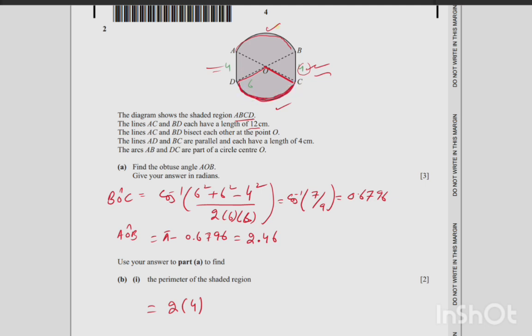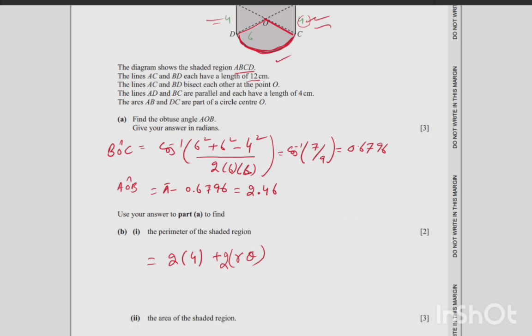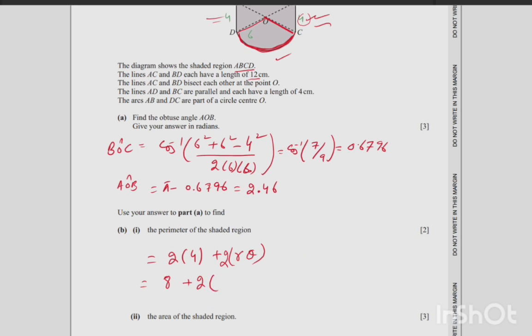What's the arc length formula in Add Maths? The arc length formula is r theta, and there are two arc lengths, so we multiply by 2. Okay, dear friends, now we put all these values here: 2 times 4 is 8, plus 2r theta. What is the r value? We have 6.